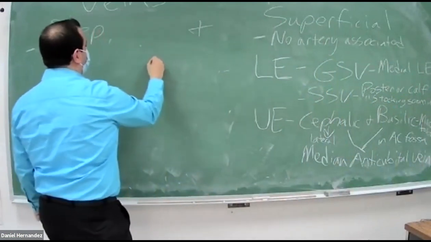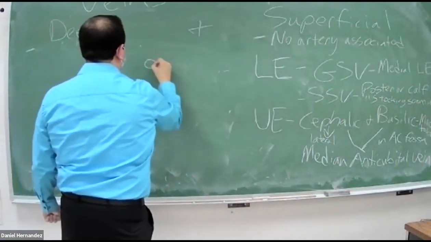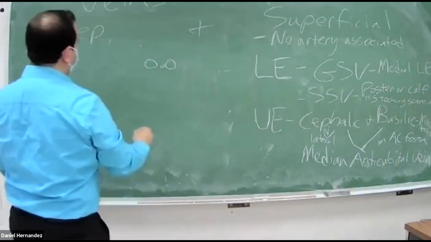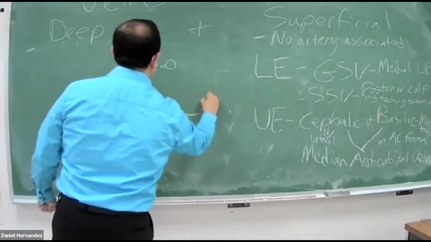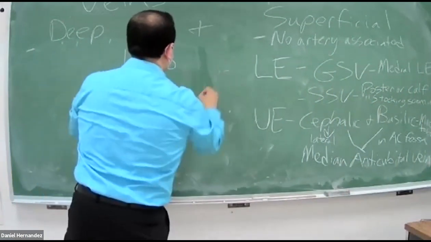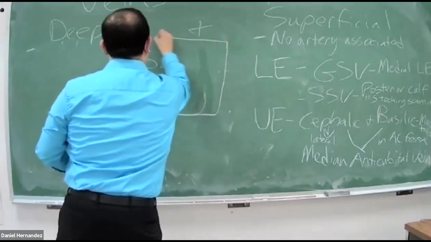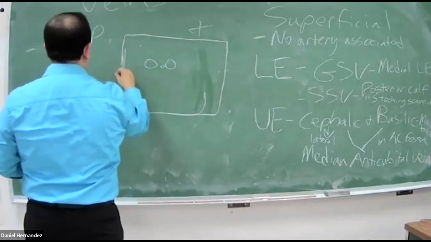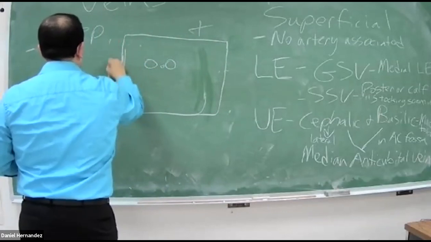So if we're in our arm and we see a vein, artery, vein, and we're in transverse view, this is our notch over here.